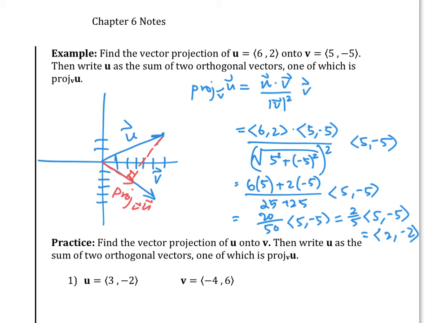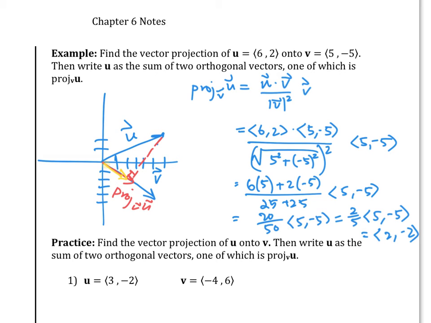So it should be pointing towards (2, -2). Our graph is not perfect, but you can see it points toward (2, -2) with that length if I had a better graph.